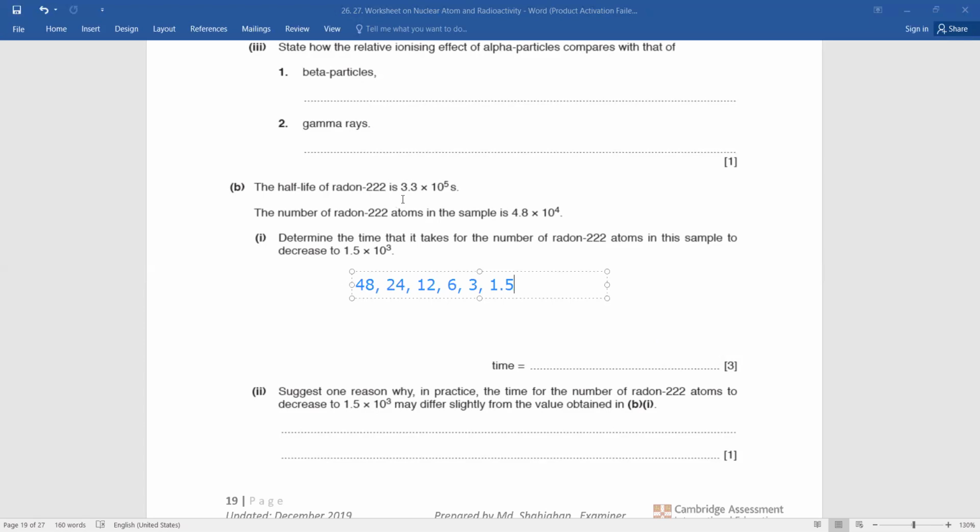One half-life is 3.3 into 10 to the power 5. Then 5 half-lives will be multiplied by 5, 3.3 into 5. Then write this time here.